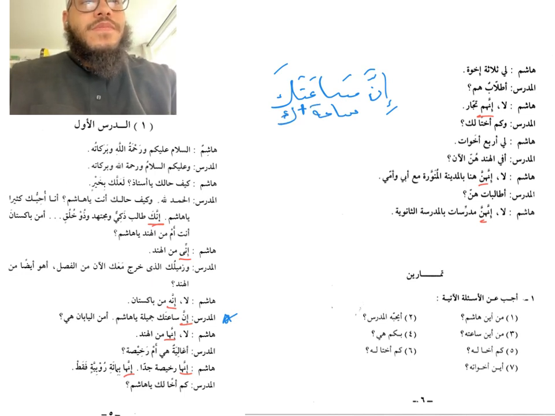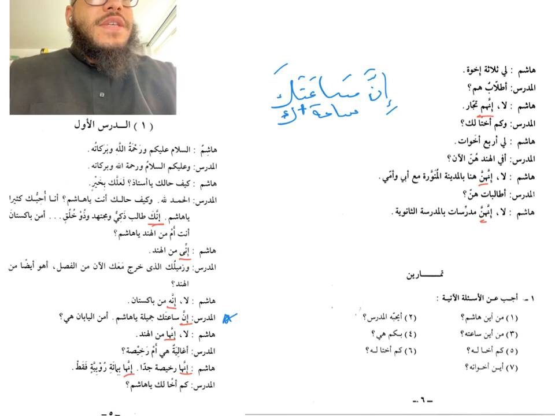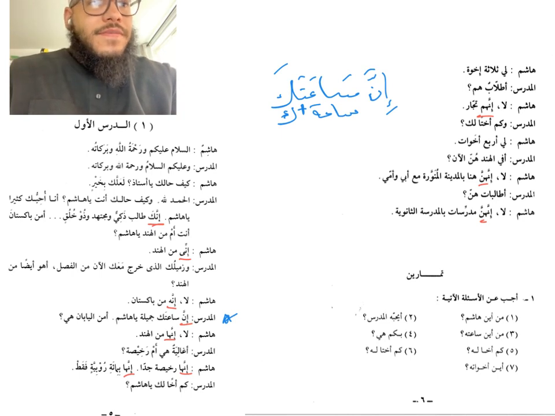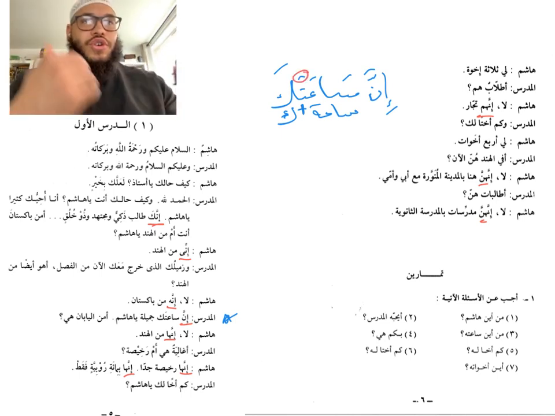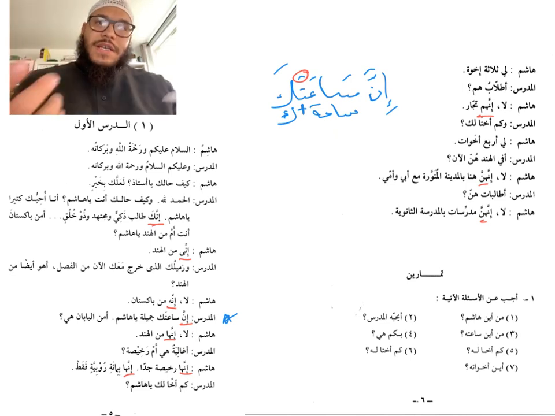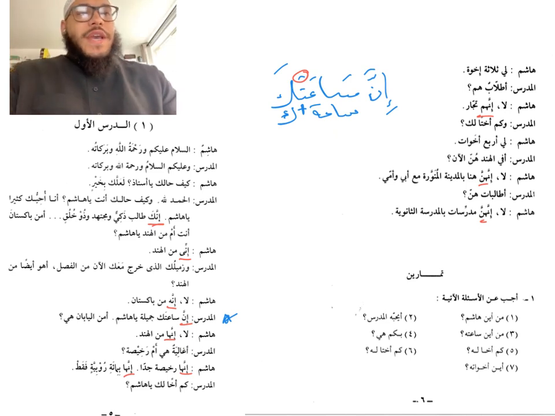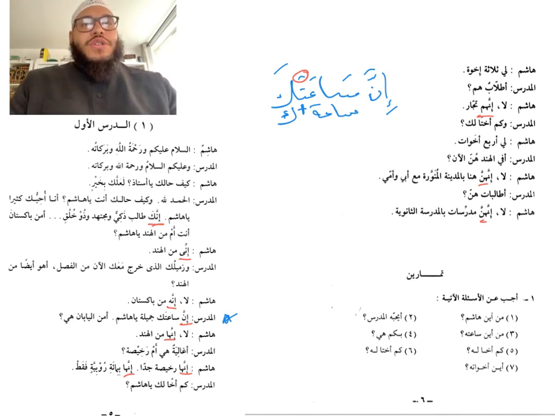But as you can see, inna affects the noun that comes after it and makes it take fatha. Inna sa'ata plus ka, your watch. The ka doesn't change because that's a fixed pronoun.